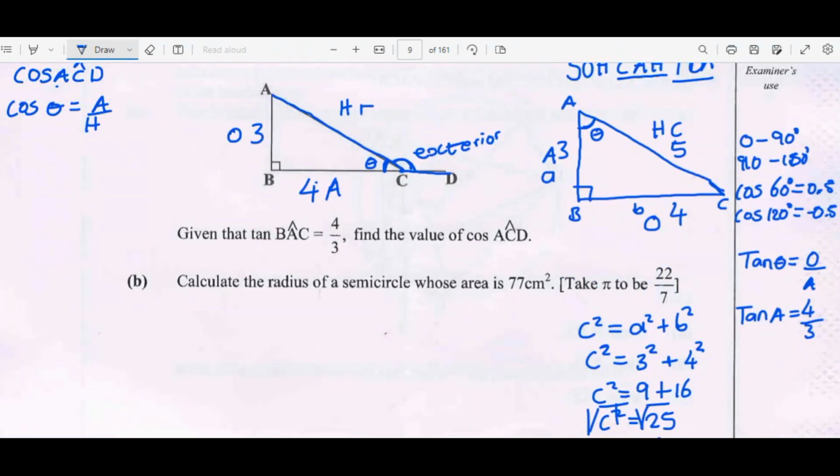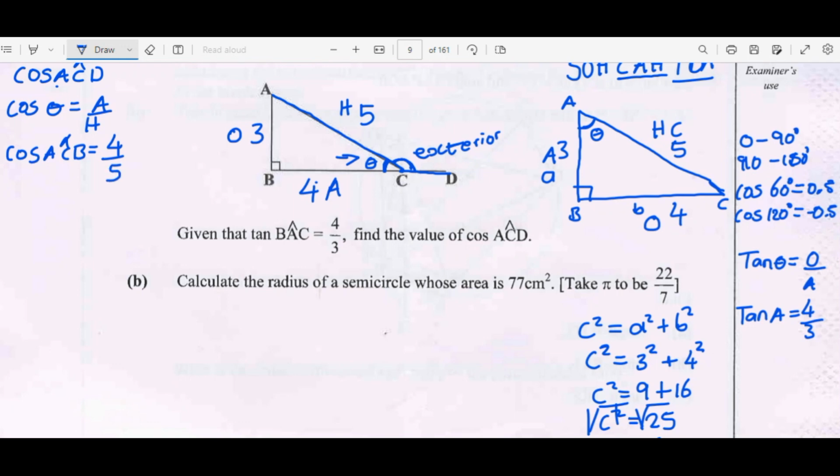So we have our h. We can now proceed. Cos A, C, B. Remember, first I'm looking for the interior, this one here, which is equal to the adjacent, 4, over the hypotenuse, which is 5.